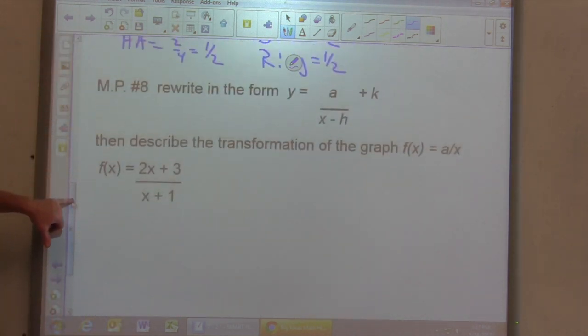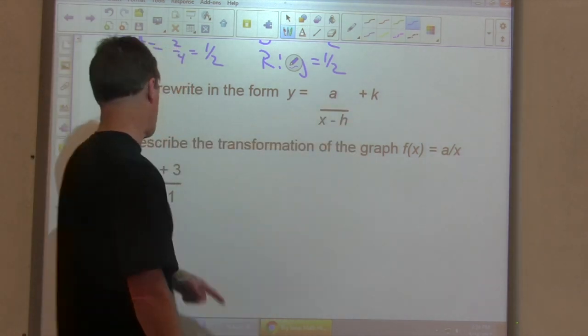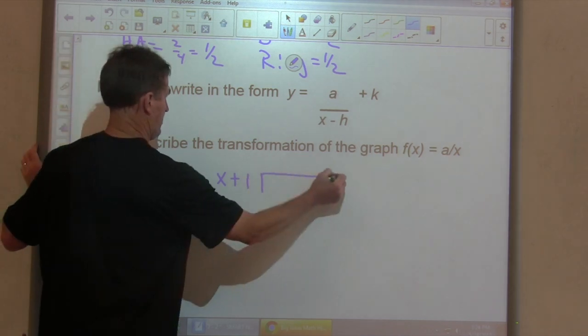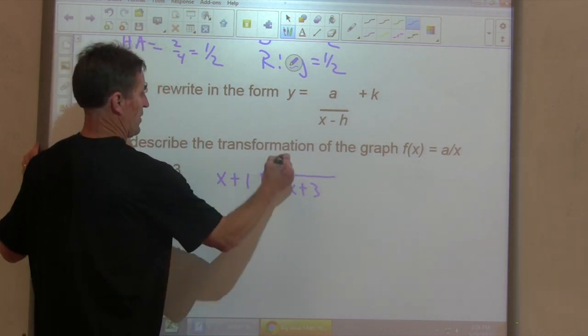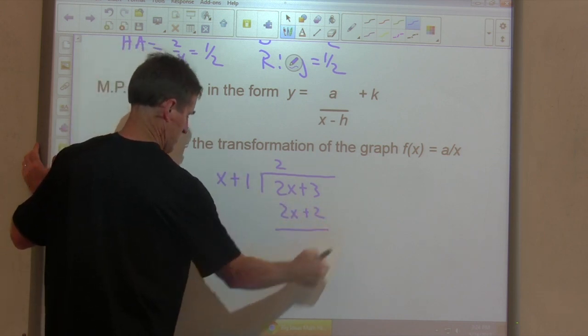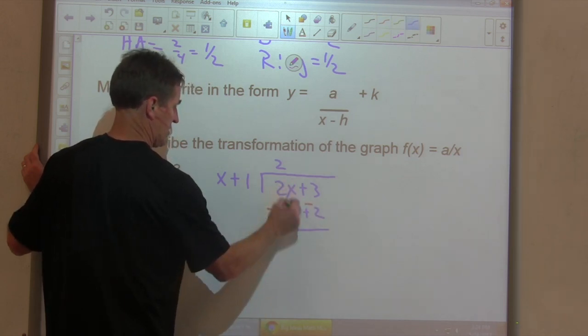On this last one, we're supposed to rewrite it in the form of y equals a over x minus h plus k. So remember, we do the long division. X plus 1 into 2x plus 3. X to get to 2x would be 2. Multiply the whole thing, 2x plus 2. Change the signs and add, so this cancels.